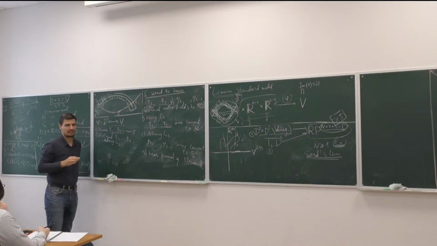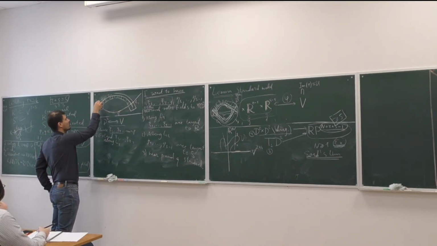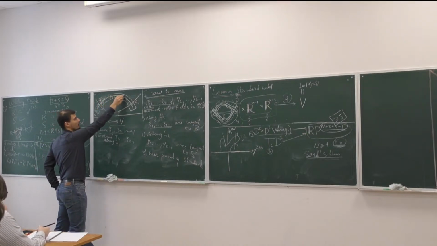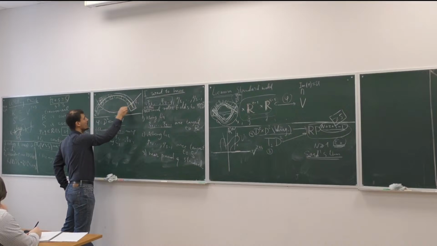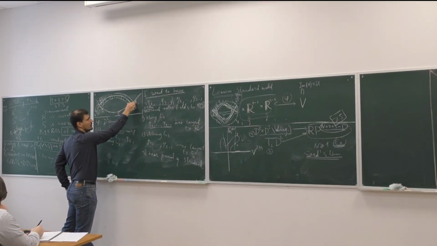Let us introduce a notation. Let U be the tangent vector to A1 everywhere along it, and let V be the tangent vector to A2.